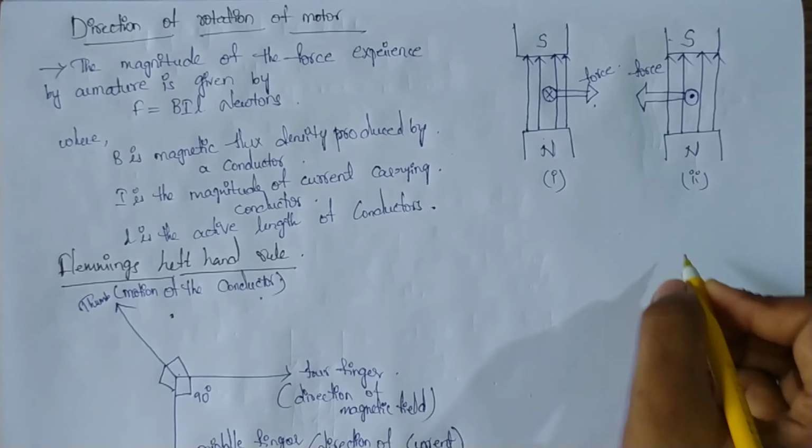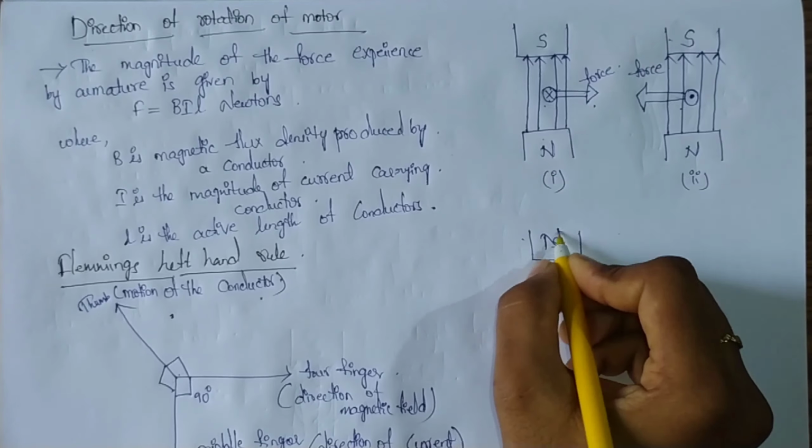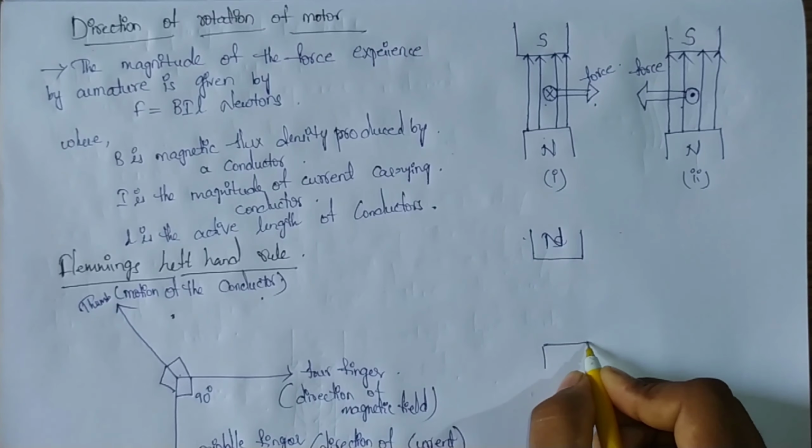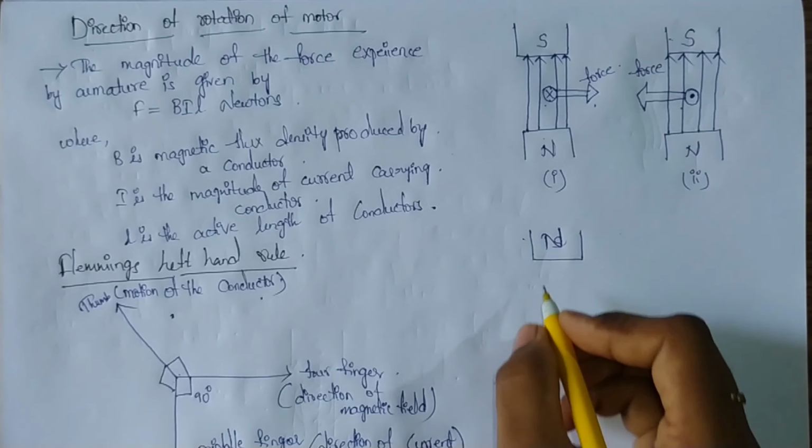From the above two cases we can conclude that a change in current causes a change in the direction of the force. Now I am considering another case. This is the north pole. Now I am changing the poles, and the conductor does not change.